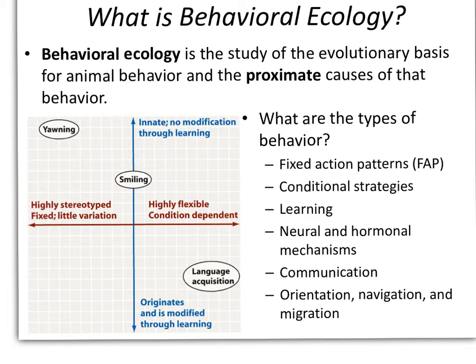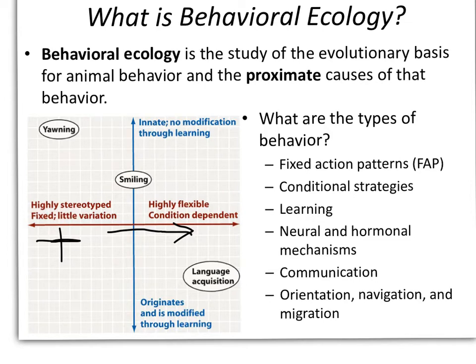On the x-axis, we go from a fixed kind of pattern, where an animal does the same kind of behavior the same way every time. As you move to the right, the behavior can become more flexible, condition dependent. Oftentimes it'll be very flexible.